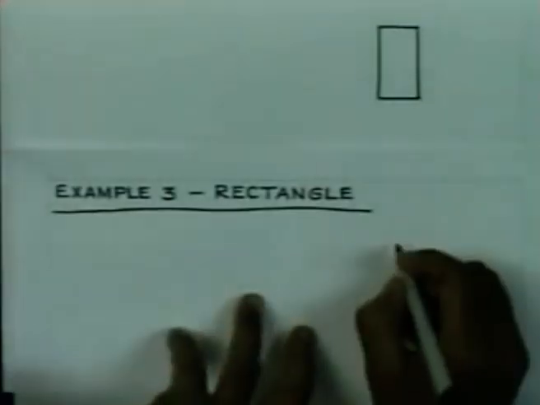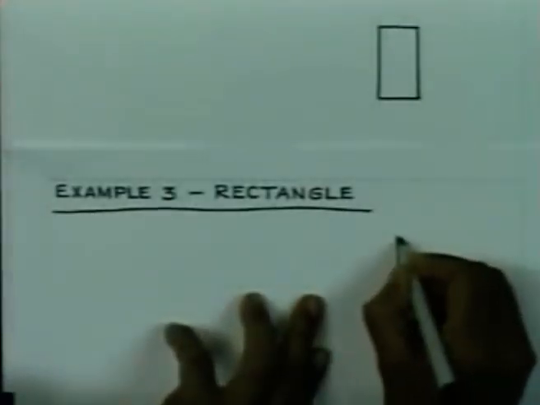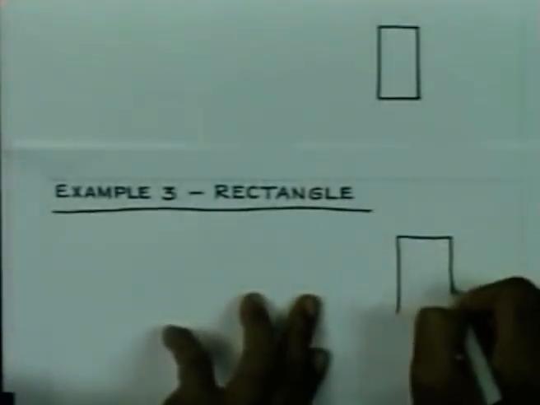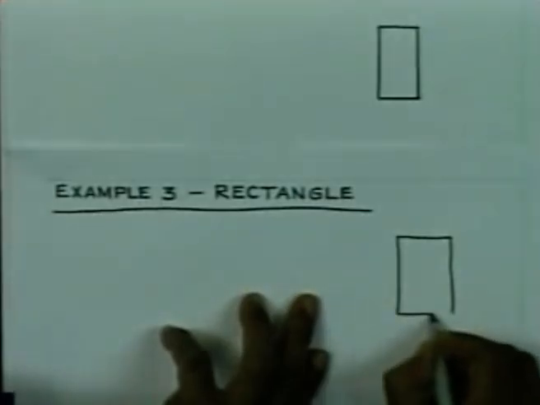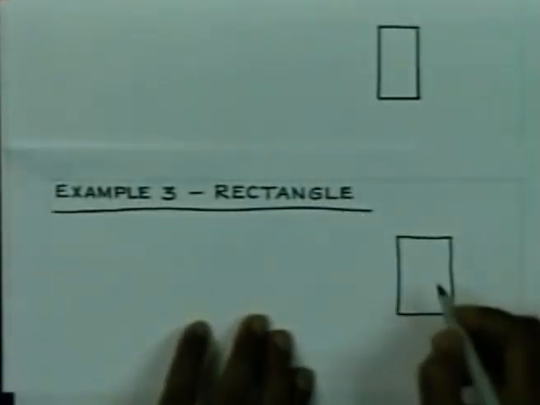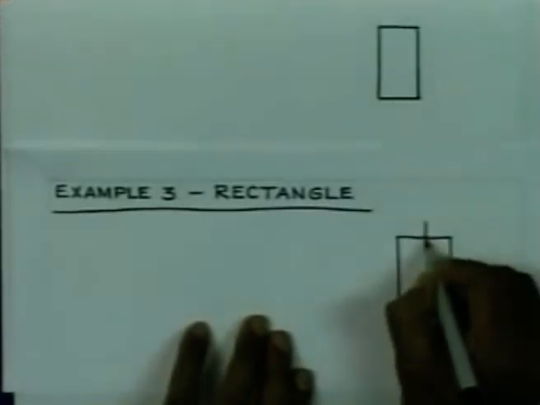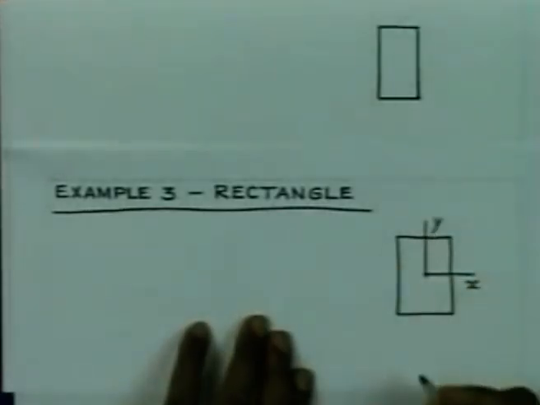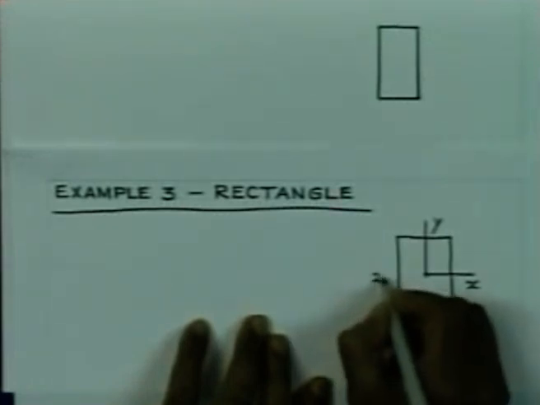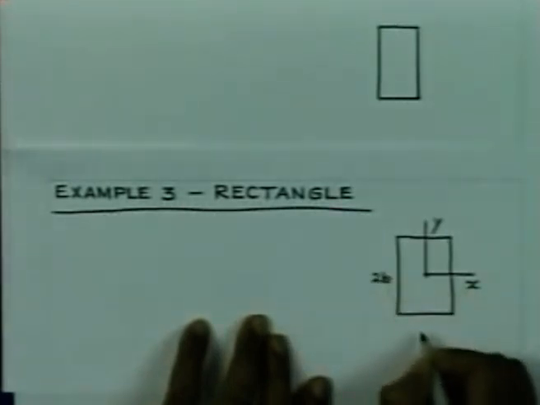So, I would like you to think about it, and we will continue with this example in our next presentation. Let us select the coordinates like this. This height of this section is 2b and the width is 2a.